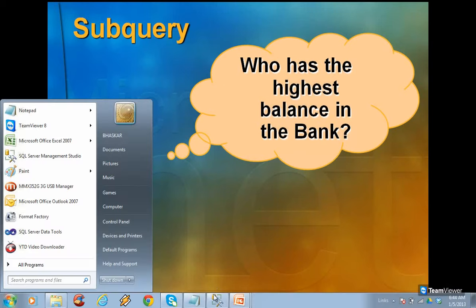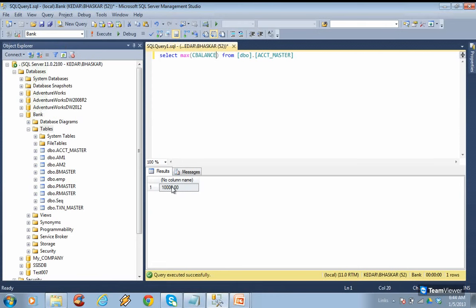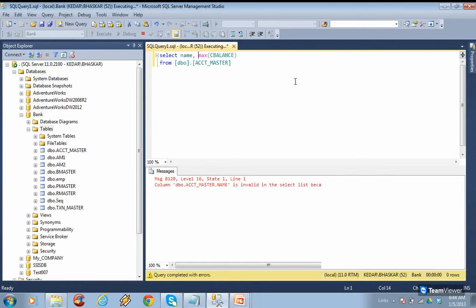Now, if you write it like this, it will give you only the clear balance, but not the person name. But if you need the person name, normally people try to put name in this context. Then they'll think this will give me name and the maximum balance from the accounts master table, but definitely it will give you an error. Apart from the aggregate function, whatever you have has to be in the group by clause.